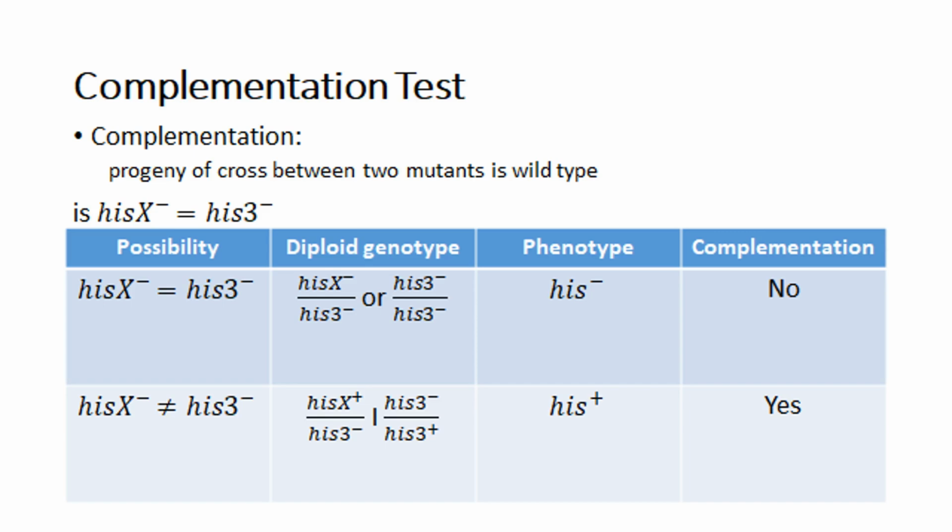The result of the complementation test is that the genes complement each other to rescue the mutation, and the wild type appears, so the test is successful.